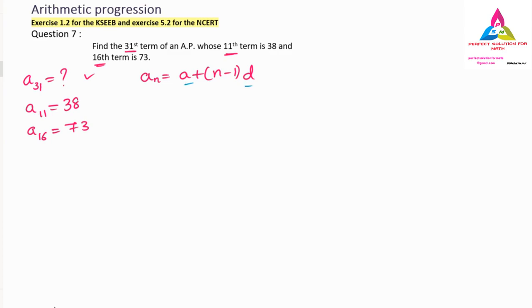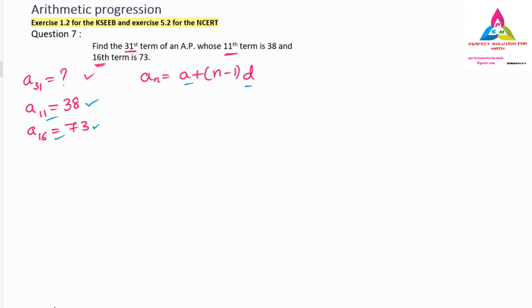Only this much we know, that is an value we can substitute, that is instead of an I can take A11, similarly instead of an I can take A16 also, because those two values are given. In such a case, the same formula we have to apply, that an is equal to a plus n minus 1 into d. But we have to see which terms are given, because they have not given the d value and first term. So in that time we have to check which term is given, that we have to substitute in this formula.